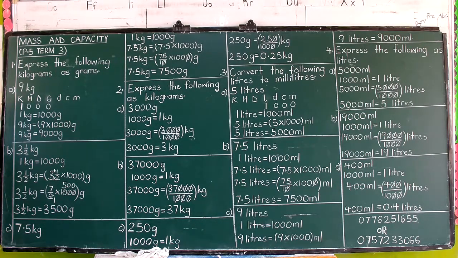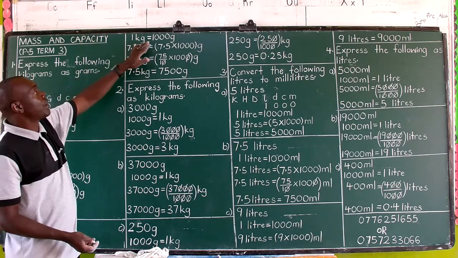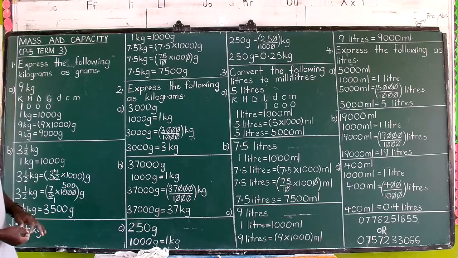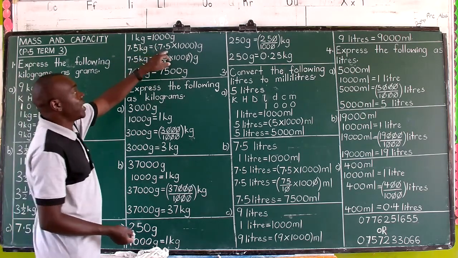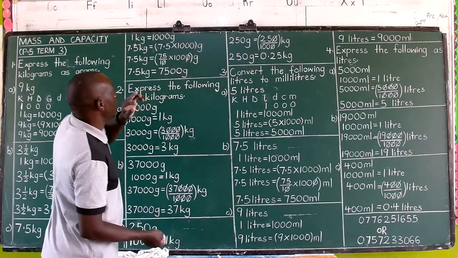Now, what if one gave us 7.5 kilograms to be expressed as grams? This is the way. In steady state, 1 kilogram is equivalent to 1,000 grams. What about 7.5 kilograms? Use that 7.5 times 1,000 grams.